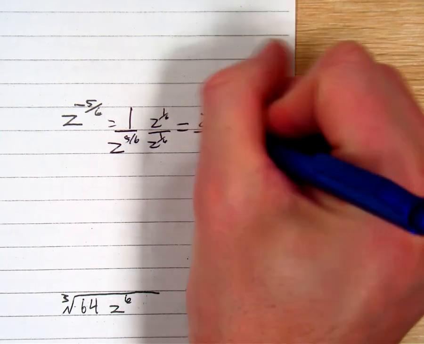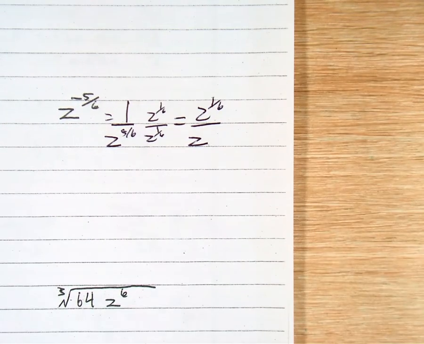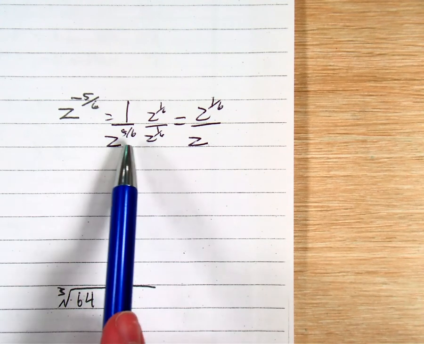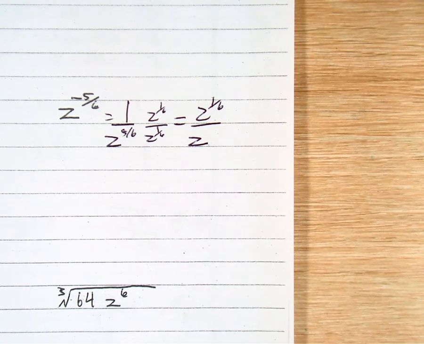And now I'll have z to the 1/6 over z. Okay? We can't have roots or partial fractions, I guess, there on the bottom. It's got to end up as a whole number. Kind of like what we were working on there in 6.5.